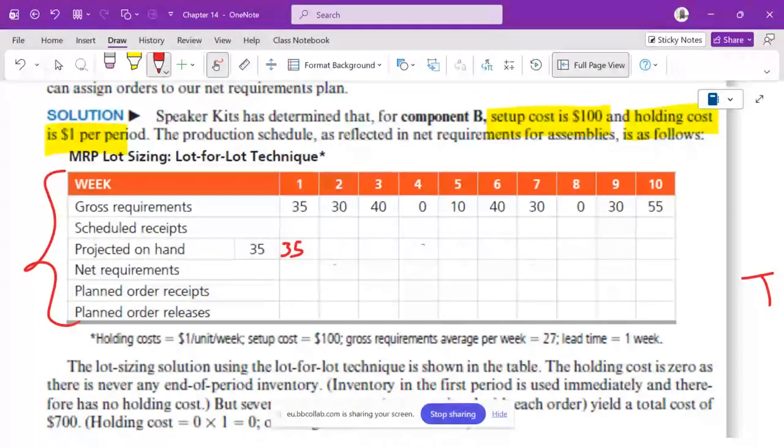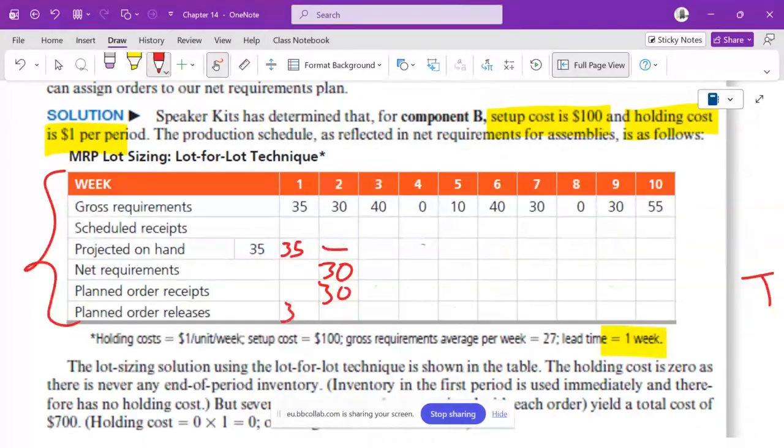Okay, so now 30. Now we don't have anything on hand. 30 is your net requirement. Then it's what is needed. Then plan order release. We are planning to order 30 products. What is your lead time? 1 week.